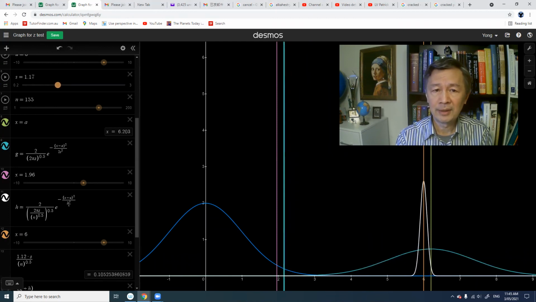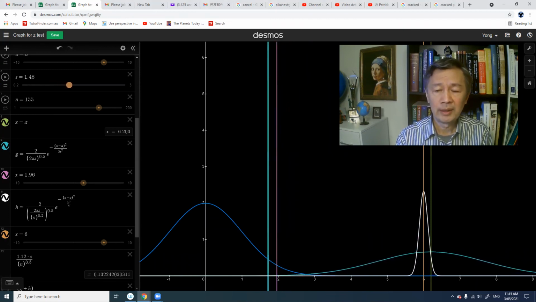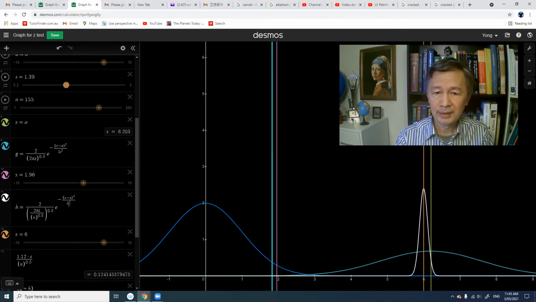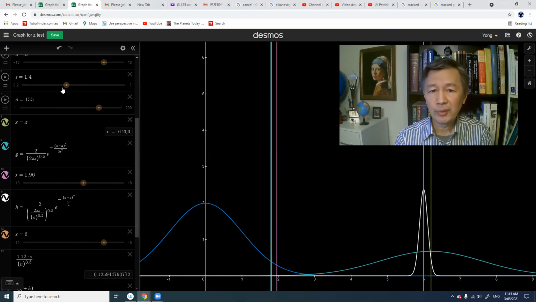Can you see, at this critical point, the sample standard deviation is 1.3. So if the sample standard deviation is 1.4, then we conclude that we should not reject the hypothesis.